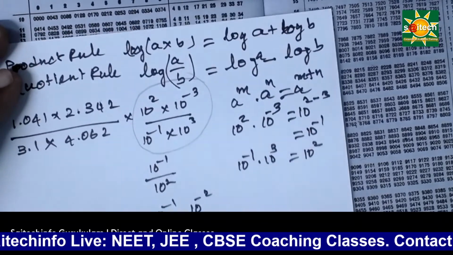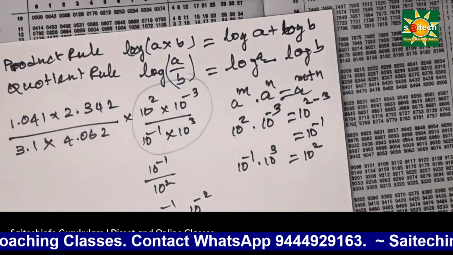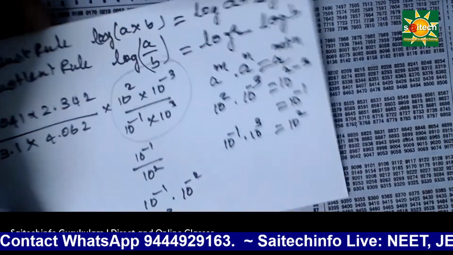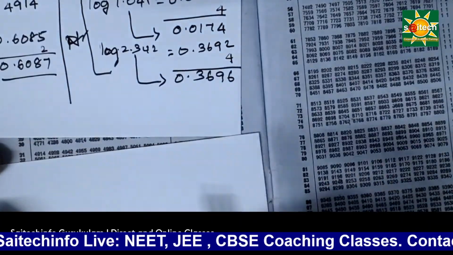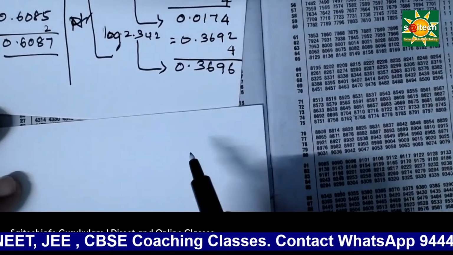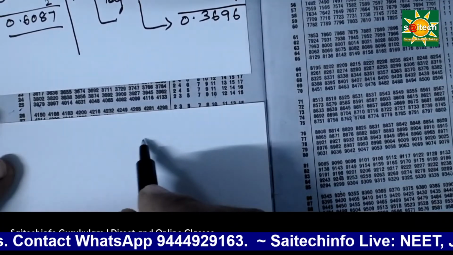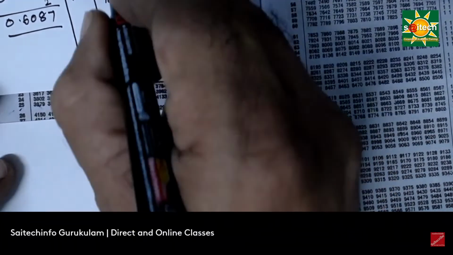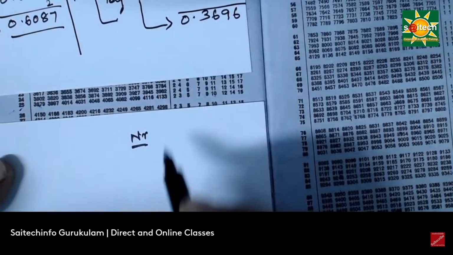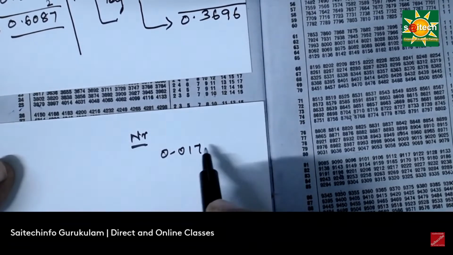And before that we should try this using logarithm. We have already got these log values. Let us consider the numerator. First we have 1.041, for which the value is 0.0174.